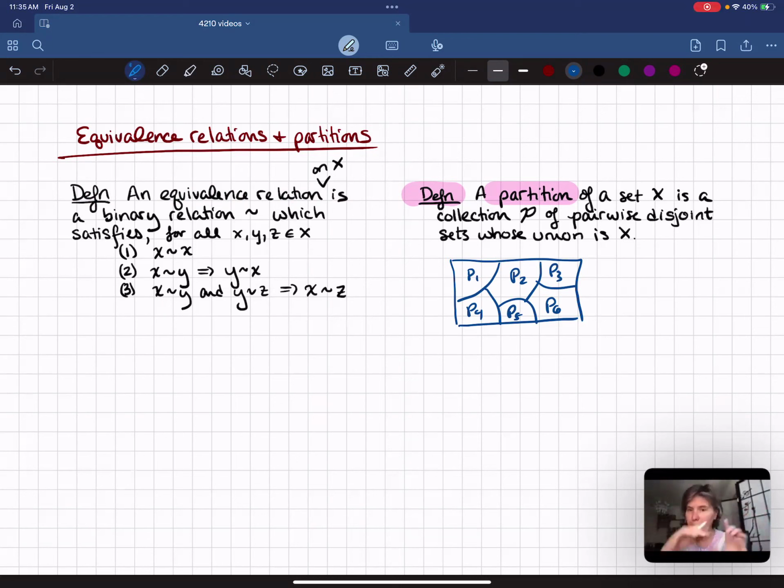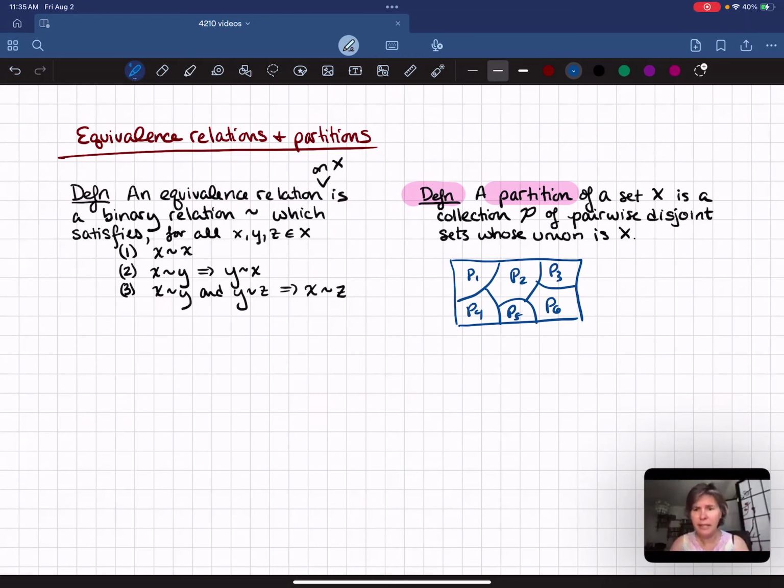So script P is a collection of pieces of X. They're pairwise disjoint, that means no two of them overlap. And their union is X, so that means that everything in X is included somewhere in this carving up. So think of a partition as a way of taking the set and dividing it up into separate pieces with no overlap between them. Okay, so that is a partition.